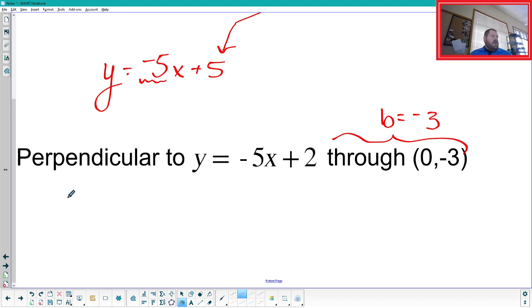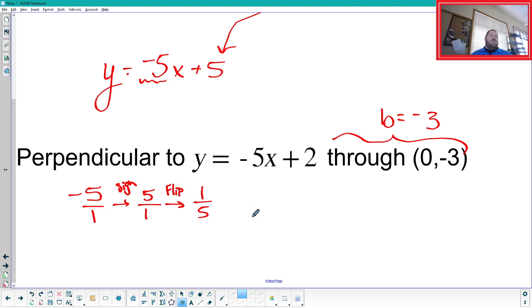Again, we take negative 5, write it as a fraction. Whole numbers are fractions too. They just have 1 in the bottom. Switch the sign from negative to positive, and then flip the fraction. So we switch the sign, and we flip.